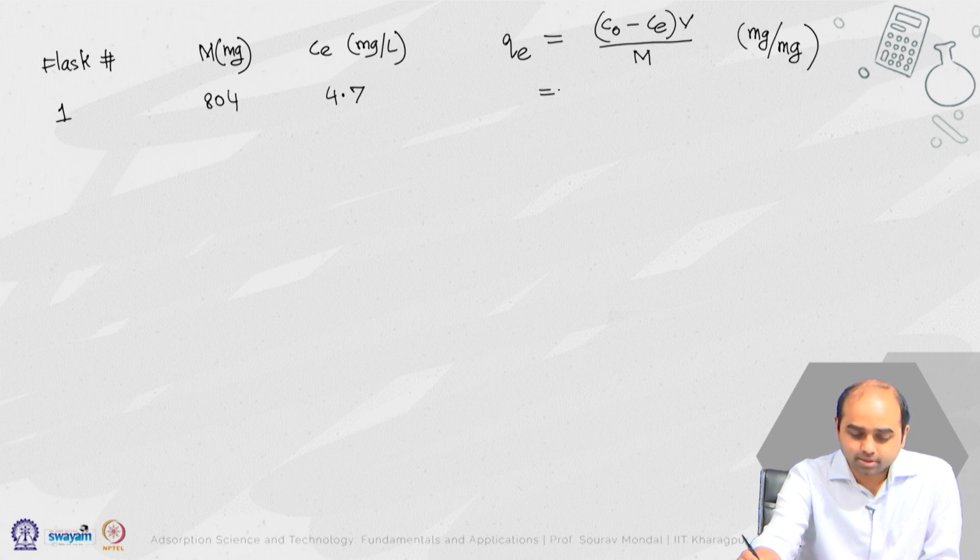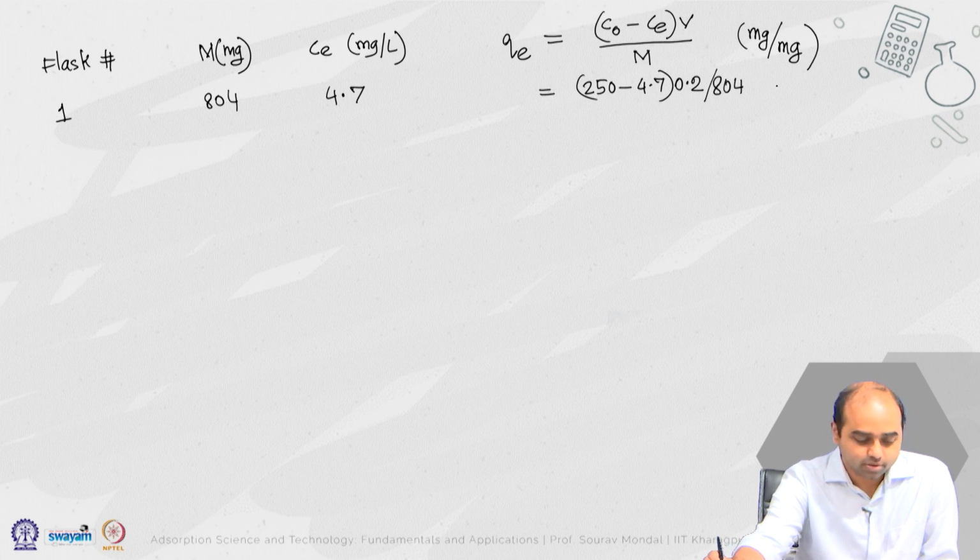If you work out the numbers, this is 250 minus 4.7 multiplied with 0.2 liters divided by 804.